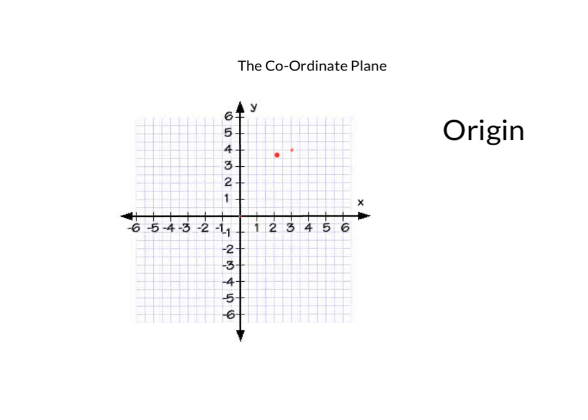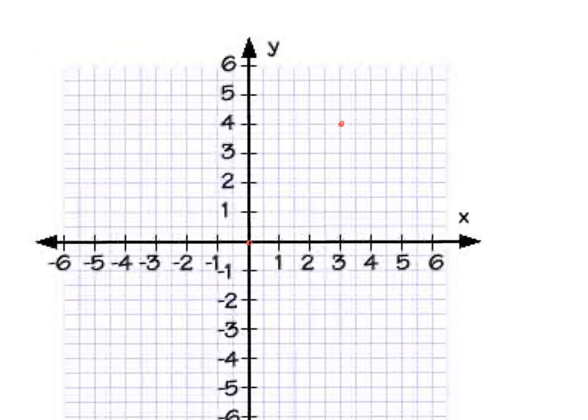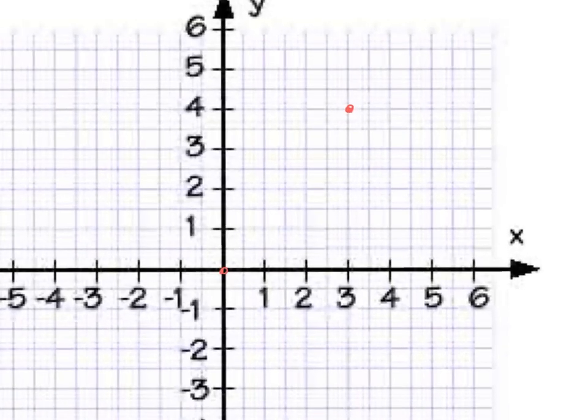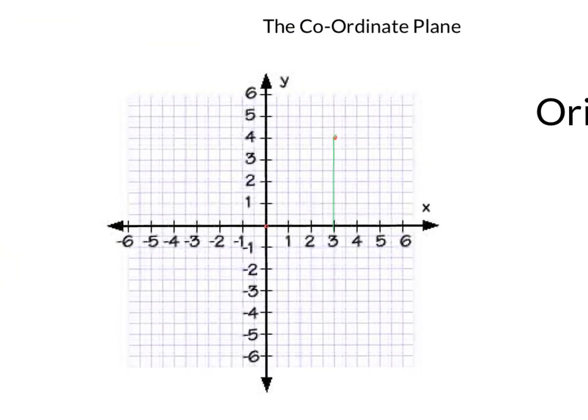So let's go back to this point here. If we wanted to label this point, then the way we would do that is we would look at where it lines up on the x-axis. So I'm going to just show you in green what I'd be doing. Follow along with your finger or with a pen and see where on the x-axis that lines up to.